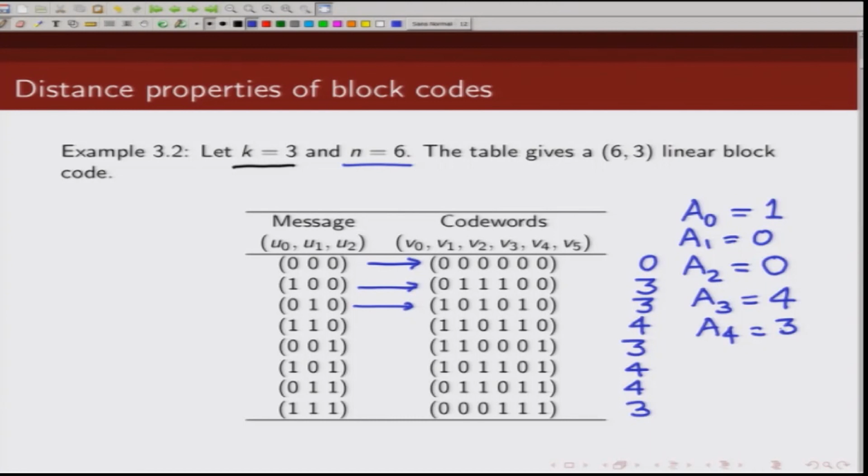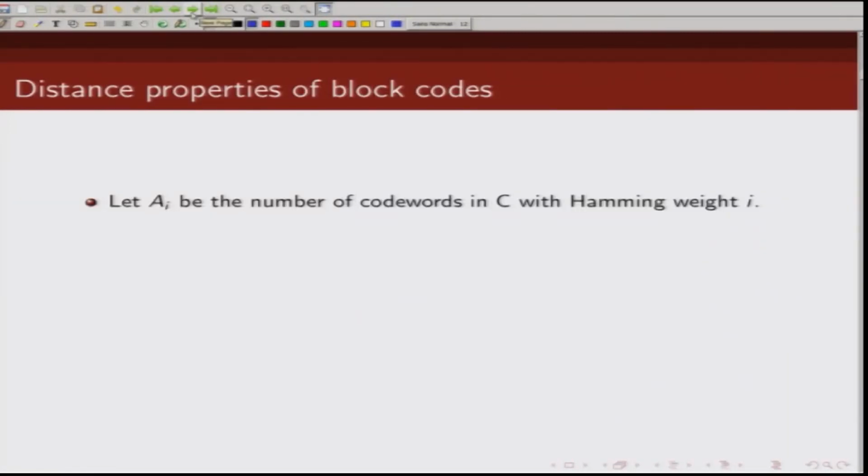We do not have any code word with Hamming weight 5 or Hamming weight 6. And you can do a quick check: the number of code words should add up to the total number of code words that we have, which is 8, 1 plus 4 plus 3. So, we are denoting by A_i the number of code words in this linear block code with Hamming weight i.